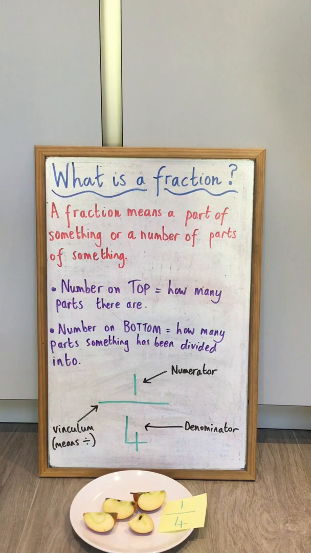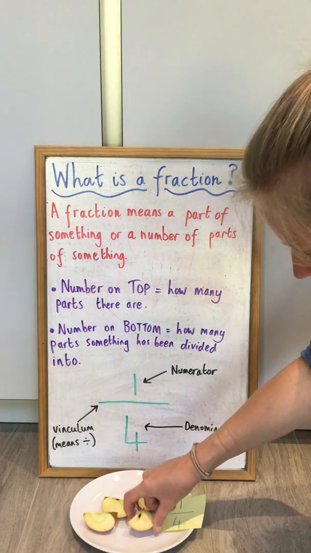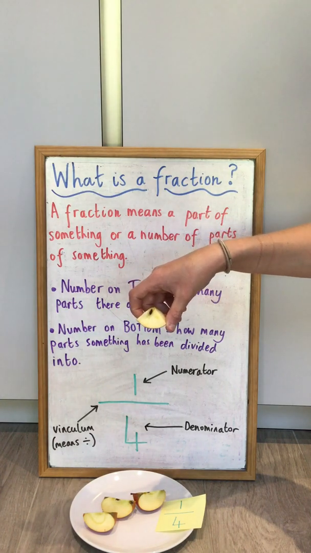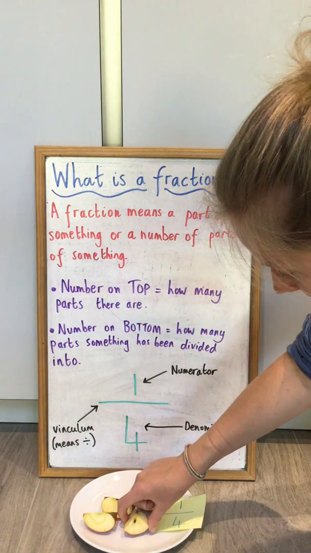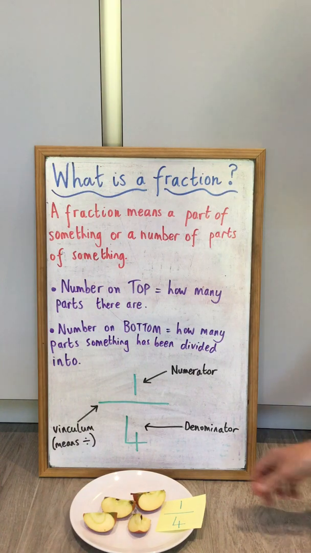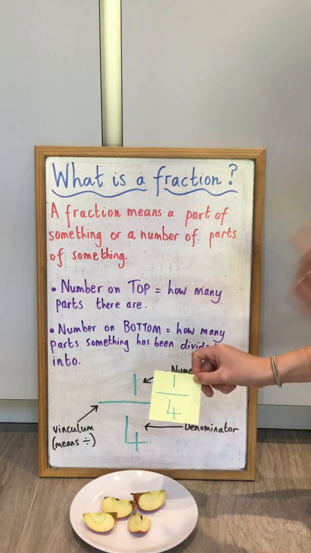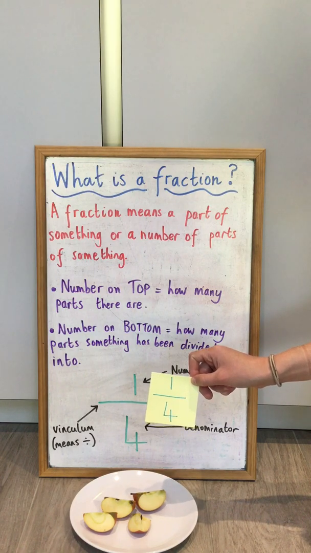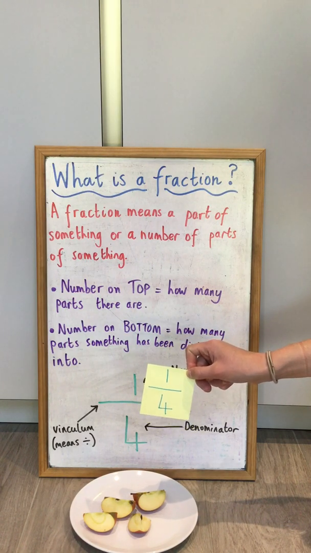One of those parts, this one here, I've taken a bite out of. So we can say that a quarter of the apple has had a bite taken out of it. One of the 4 slices has had a bite taken out of it, so that represents a quarter. That's a visual representation of a quarter.